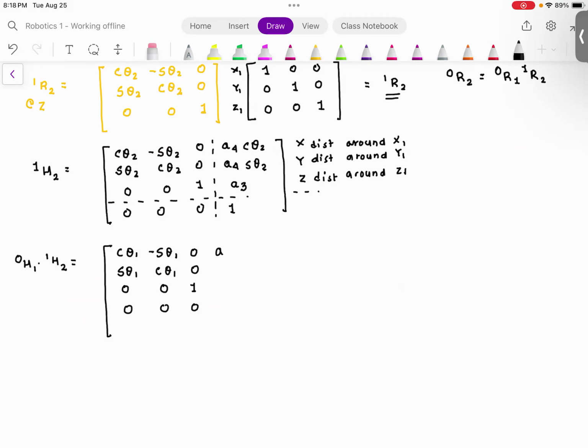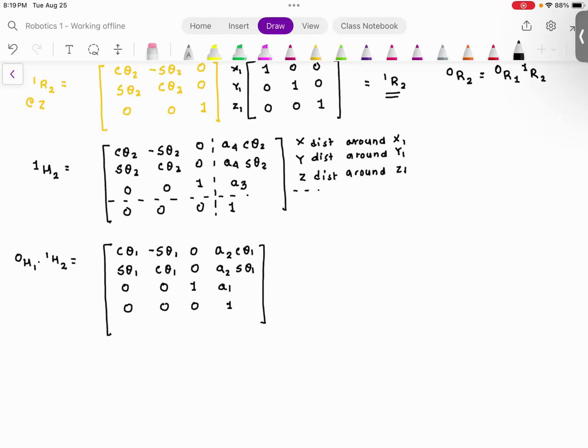Here, can someone tell me what is it? A2 cosine theta 1, A2 sine theta 1, A1, then I have 1 over here.